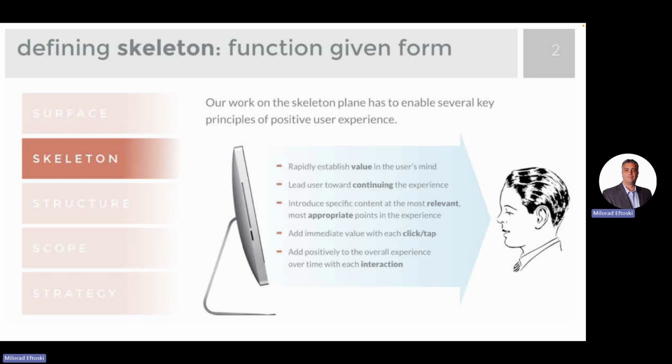Things like: you have to rapidly establish value in the user's mind, lead the user toward continuing the experience, introduce specific content at the most relevant, most appropriate points in the experience, give immediate value with each click or tap, and add positively to the overall experience over time with each interaction.